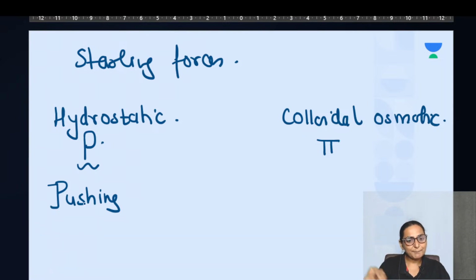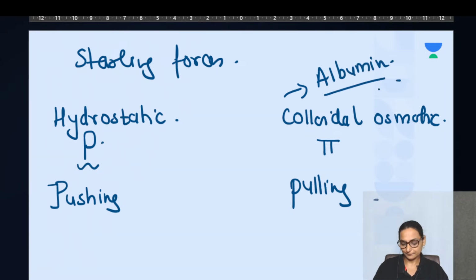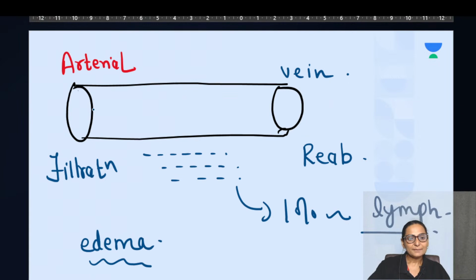So wherever the hydrostatic pressure increases, it will push the fluid. Colloidal osmotics are pulling. They will attract the fluid. And we know that the colloidal osmotic pressure is contributed by albumin. So, there will be your capillary hydrostatic pressure.